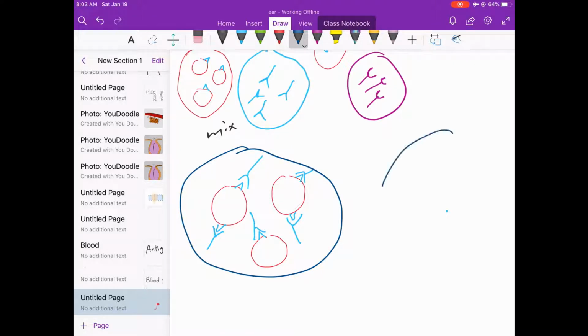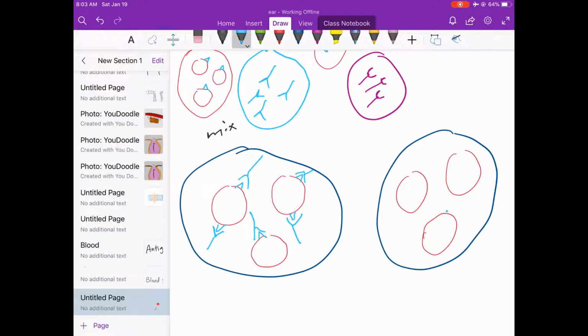Here we have the same cells, but the antibodies cannot bind because these antibodies have a different shape.